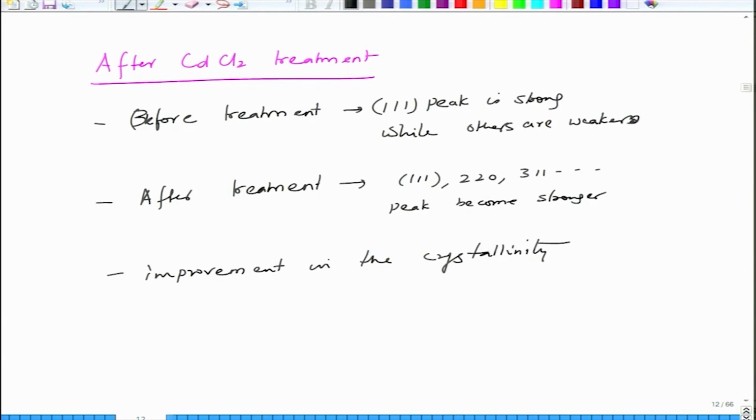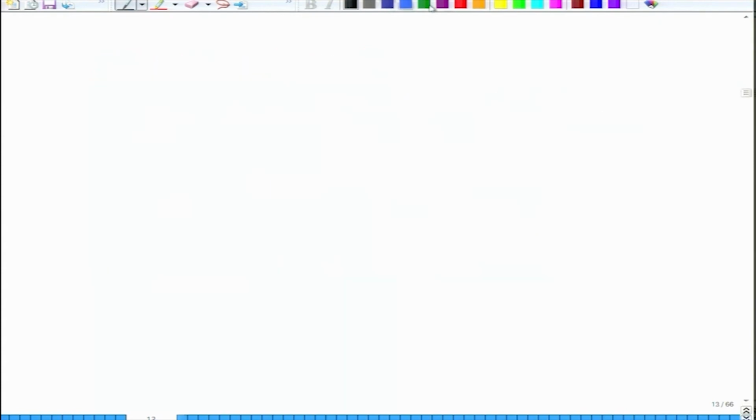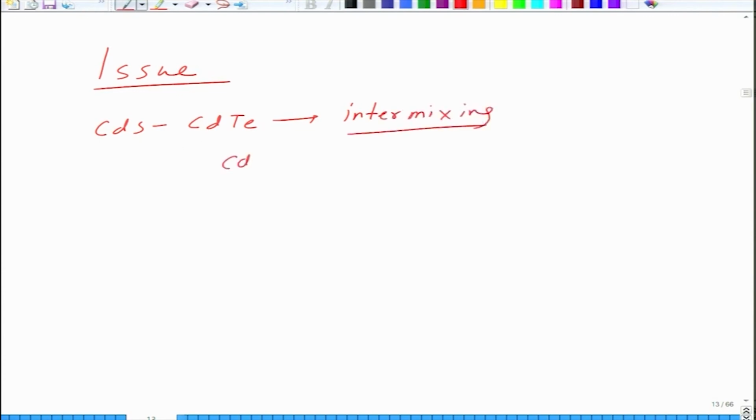There are issues, as I said. The issues are, since you have CdS and CdTe, there is an issue of intermixing when you do the heat treatment. They tend to make an alloy CdTe x S 1 minus x. So, this has to be prevented from formation. Basically it consumes CdS.